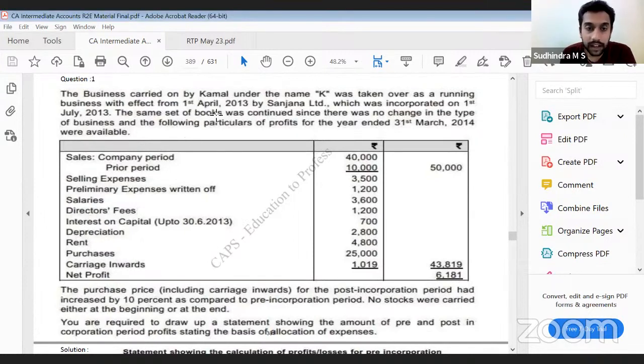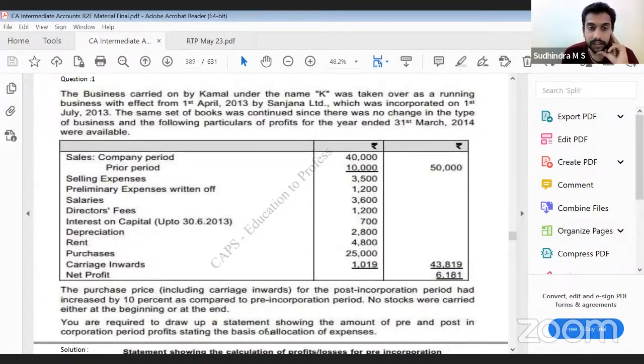The business carried on by Kamal under the name K was taken over as a running business with effect from 1st of April 2013 by Sanjana Limited, which was incorporated on 1st of July 2013. The same set of books was continued since there was no change in the type of business, and the following particulars of profits for the year ended 31st of March 2014 were available.